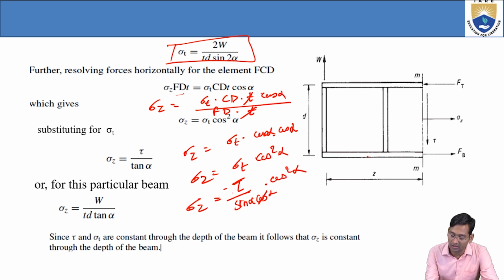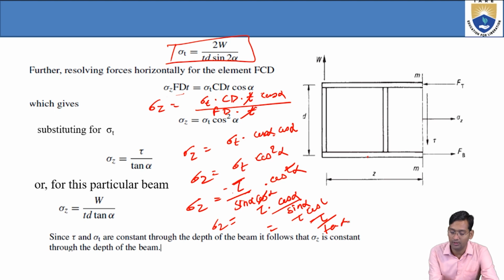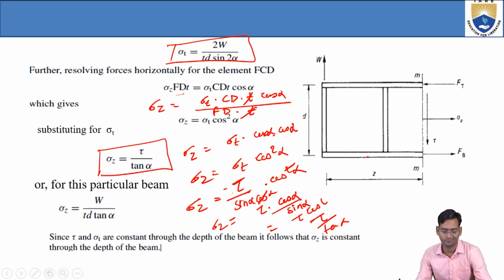So one cos alpha cancels. So now we have sigma Z equals tau into cos alpha by sine alpha. So we can write this as tau into cot alpha, or tau by tan alpha. So sigma Z equals tau by tan alpha.